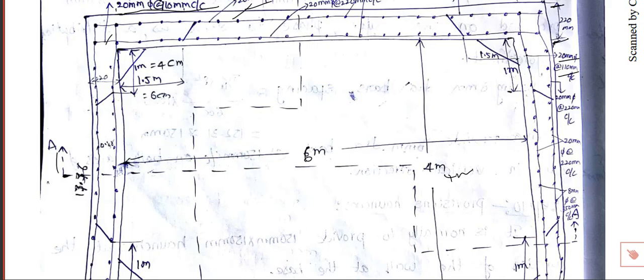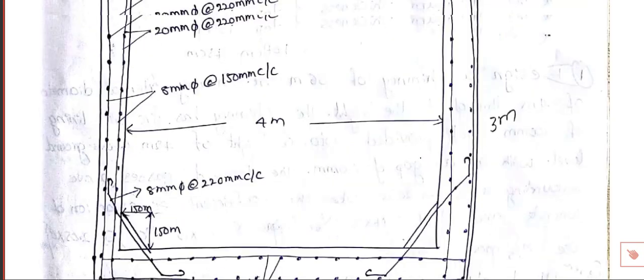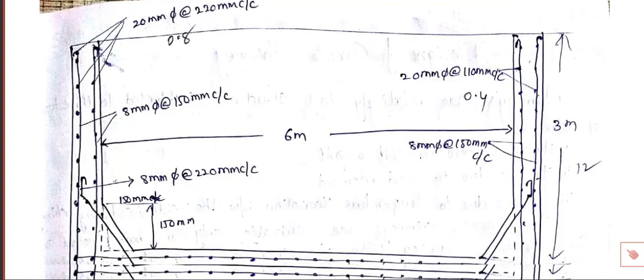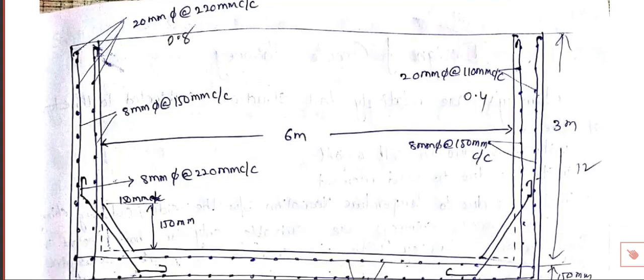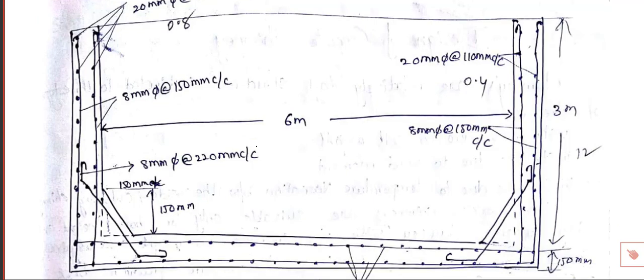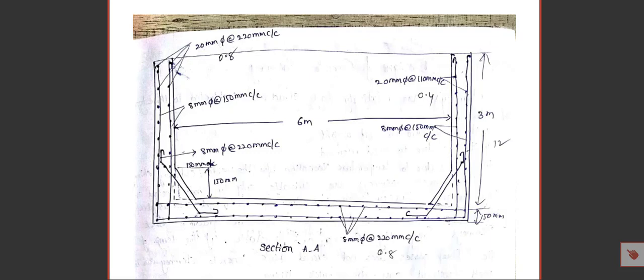Now let's see section A. As I said already, for inner and outer face the same dimension, 220 mm thick, at the rate of 110 mm center to center.